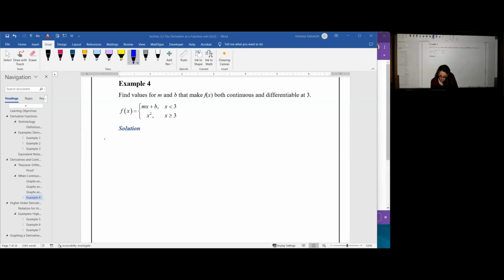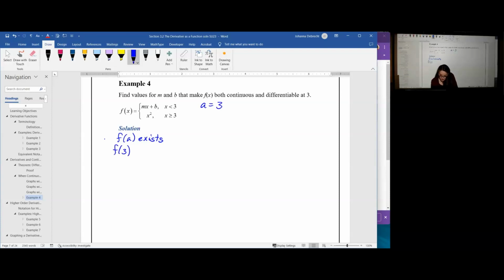Let's start with our 3 conditions for continuity. F of a exists. Let's establish that that works. In this case, my a value is 3.